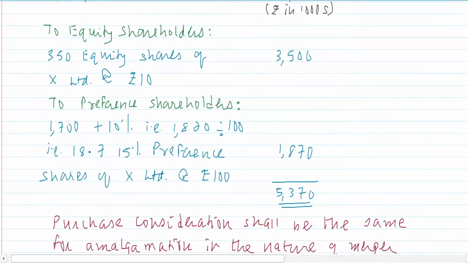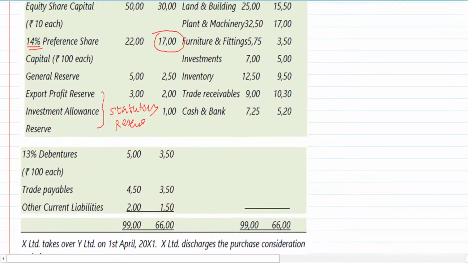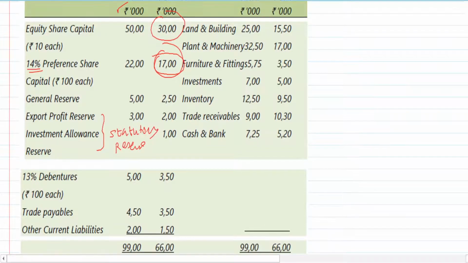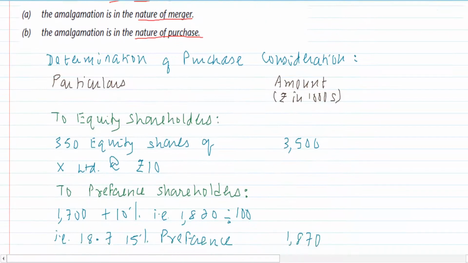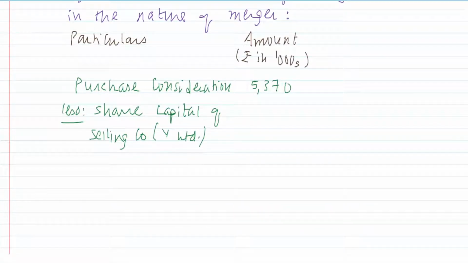So if you check the balance sheet given in the question, share capital here is 3000 and 1700, so that is 4700. We will compare this with 4700, the share capital of the selling company.